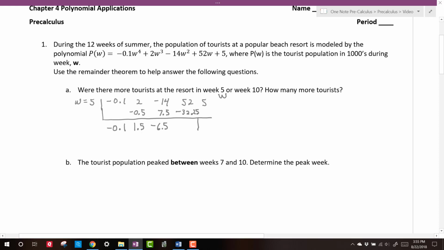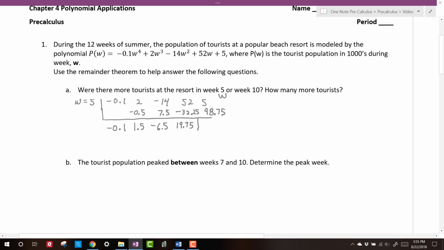Let me see. Adding down the column, this is positive 19.75. And then I need to multiply 19.75 times 5. And so that's going to be 98.75.